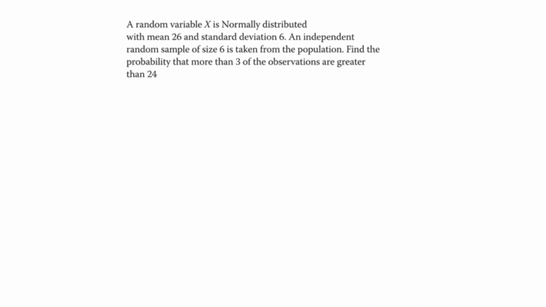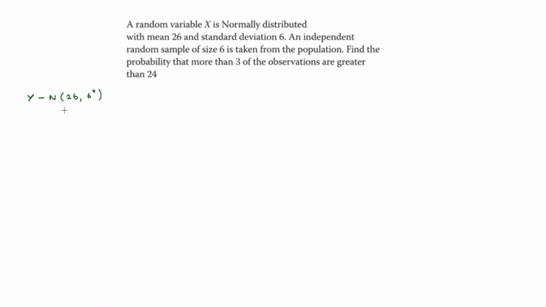So we'll start off by writing this in terms of the normal distributions. So we can say that y is normally distributed, and then the mean is 26, and then the standard deviation is 6. So therefore that's normally distributed.